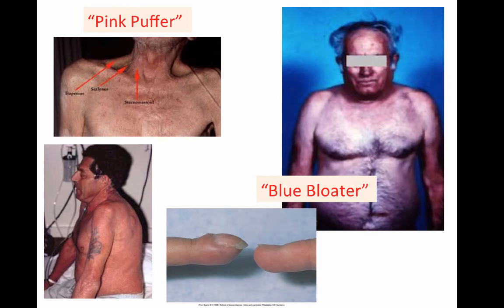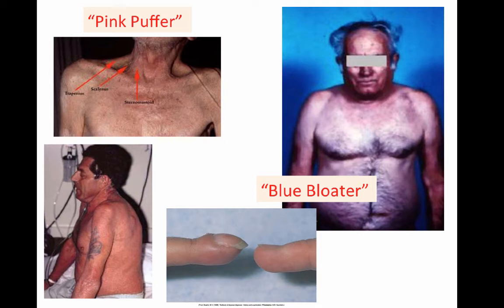You may see or hear the term pink puffer or blue bloater, and so basically the pink puffer is your emphysema patient. These patients tend to have, again, the increased AP diameter from the emphysema. You're going to see they're usually more pink in nature. That's why they have this pink complexion.